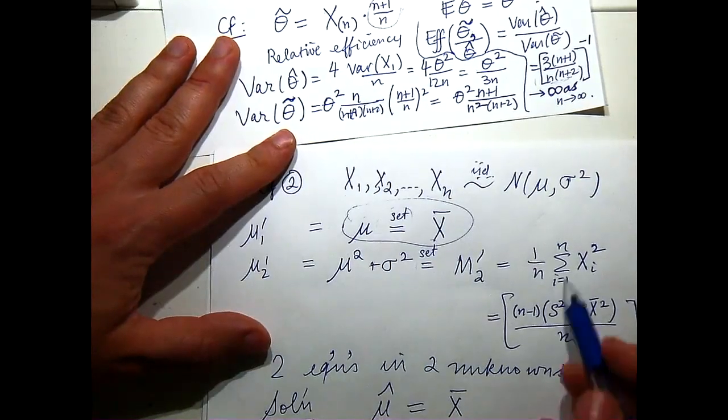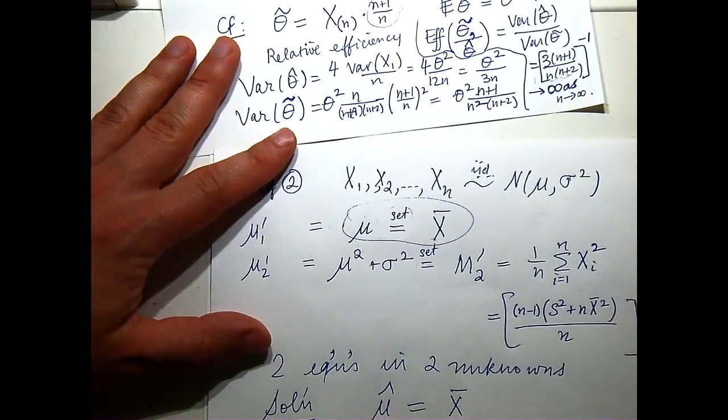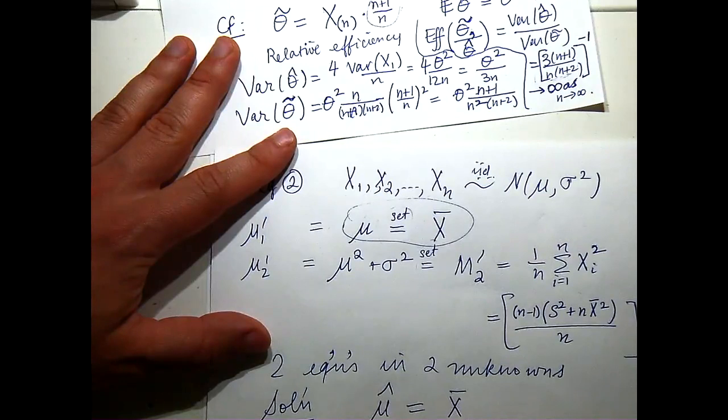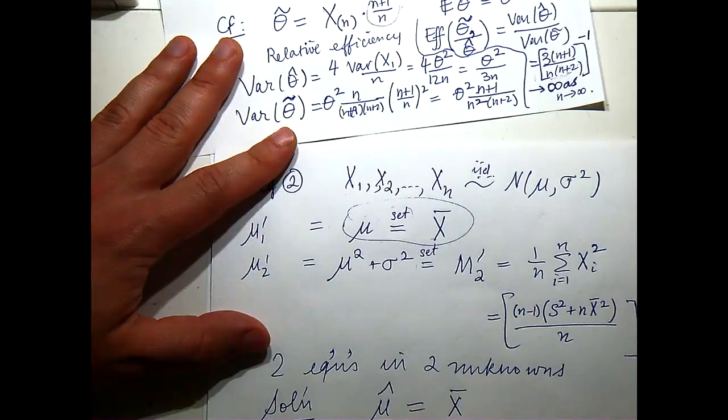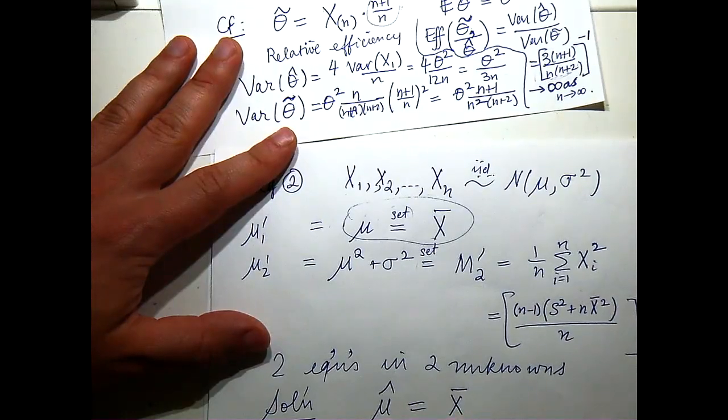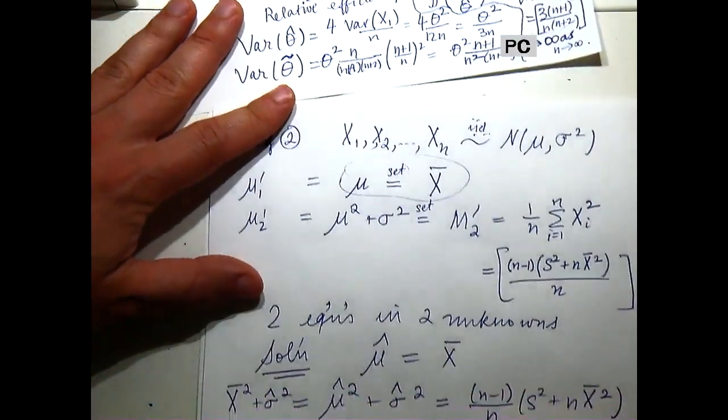I'm just using this formula rather than that one. You could do it either way. So sigma hat is going to be the square root, I always pick the positive square root for sigma hat, of whatever this is.